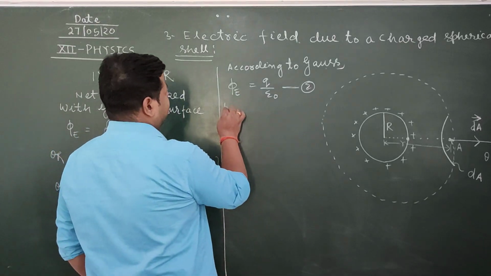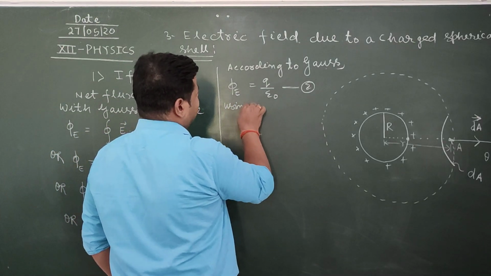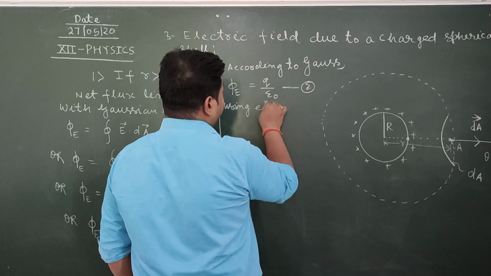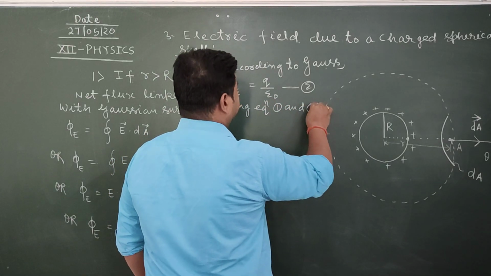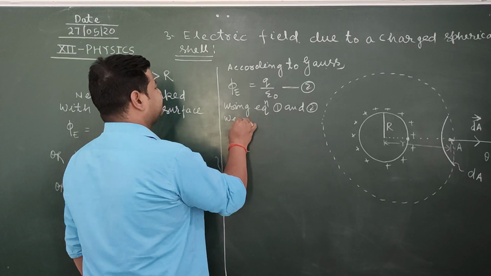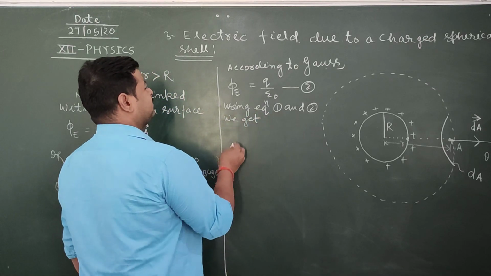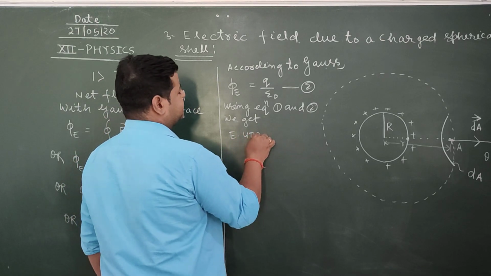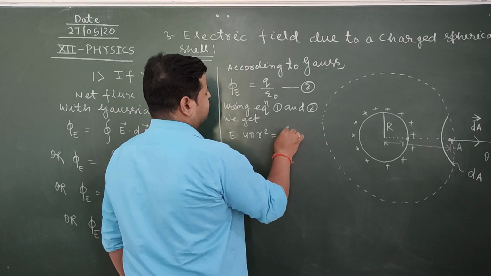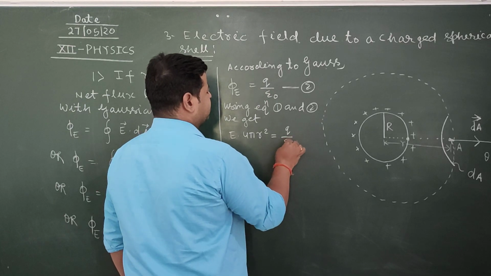So using equation first and second, we get E into 4 pi r square is equal to Q by epsilon naught.